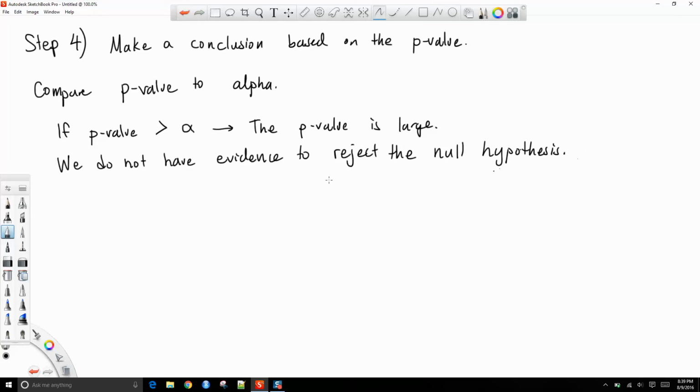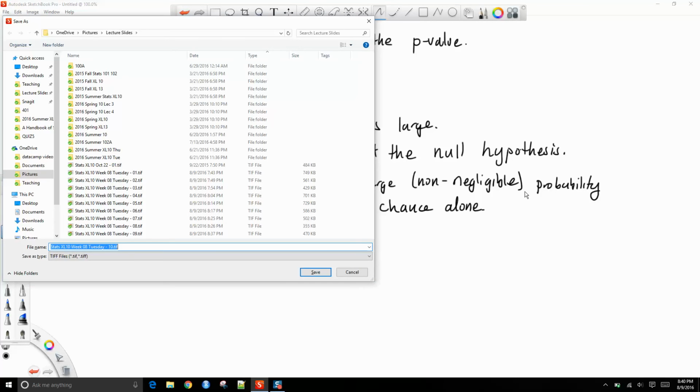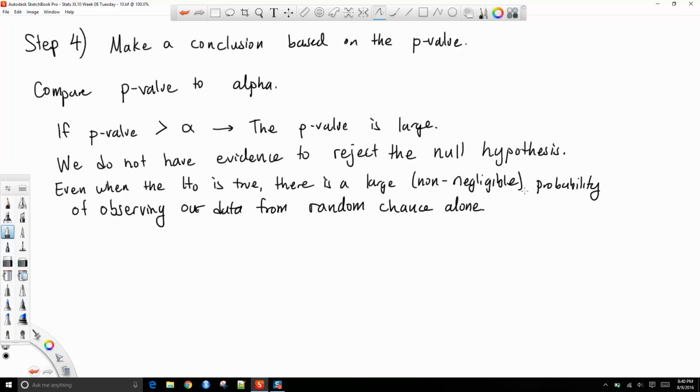Another way of saying this is that even when the null hypothesis is true, there is a large, or at least a non-negligible, probability of observing our data from random chance alone.